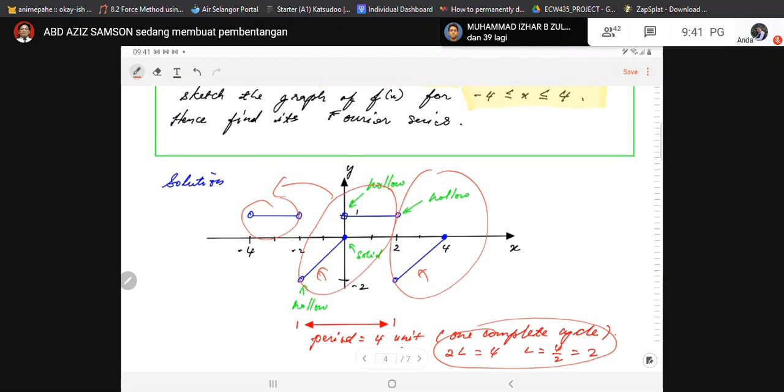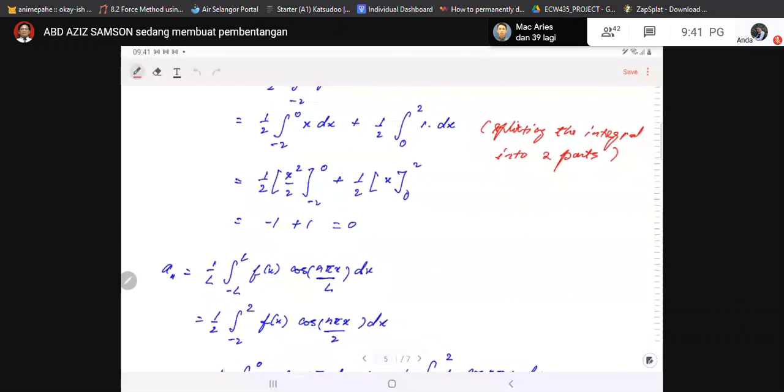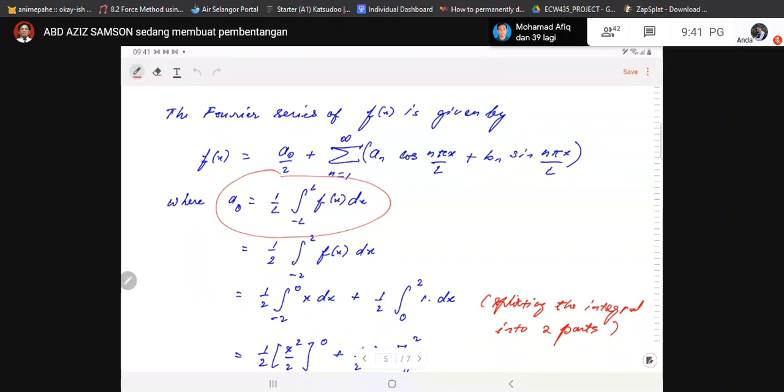If you fail to recognize this, everything goes wrong. So please keep in mind, determining L correctly is the most important part in finding the Fourier series.